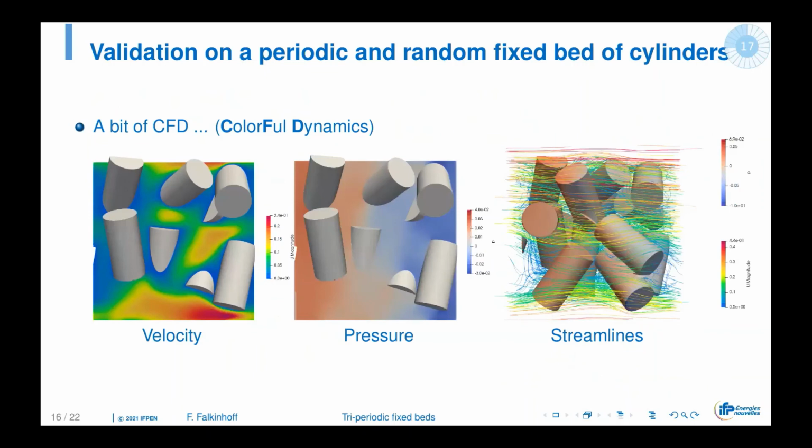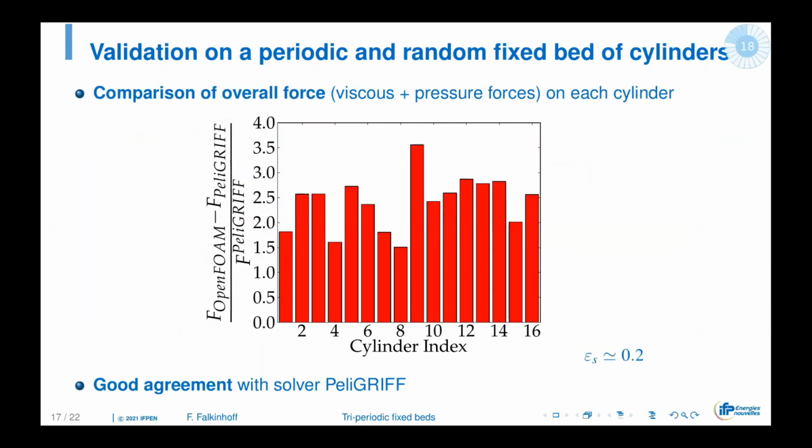Just a bit of colorful dynamics. We have here velocity, pressure, and streamlines inside this bed. I will not insist too much on that, and we'll go directly to the validation data that we have obtained. This is a comparison of the overall force, viscous and pressure together, on each of the cylinders.